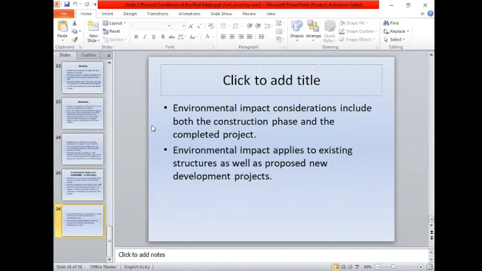And also development has environmental impact, both from the construction and the completed project. And please take note that environmental impact applies to existing structures and also to proposed new development projects. So what's the environmental impact? Because of those developments, some parts of the area or nearby places become endangered. For example, this is a reality in the area of Biñan, Laguna.